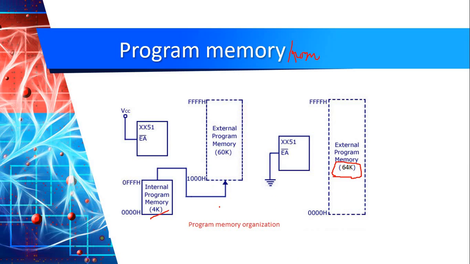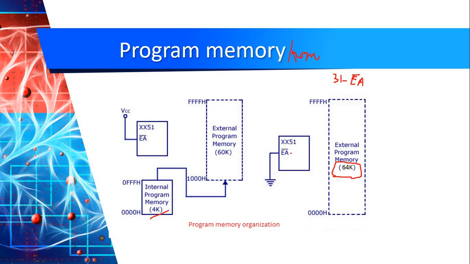What is this 64 KB? Let me explain. In the pin diagram of 8051, pin 31 is the external access pin, which is mainly used to access the program externally.